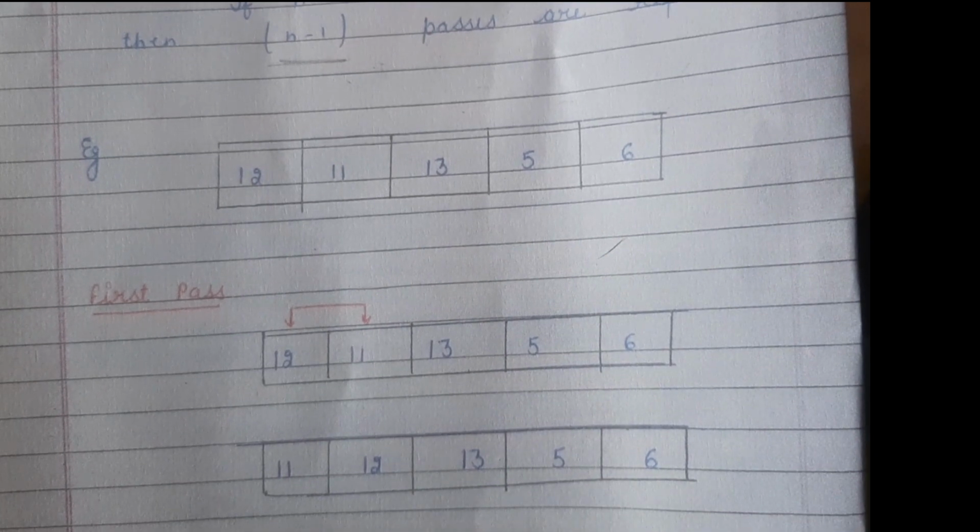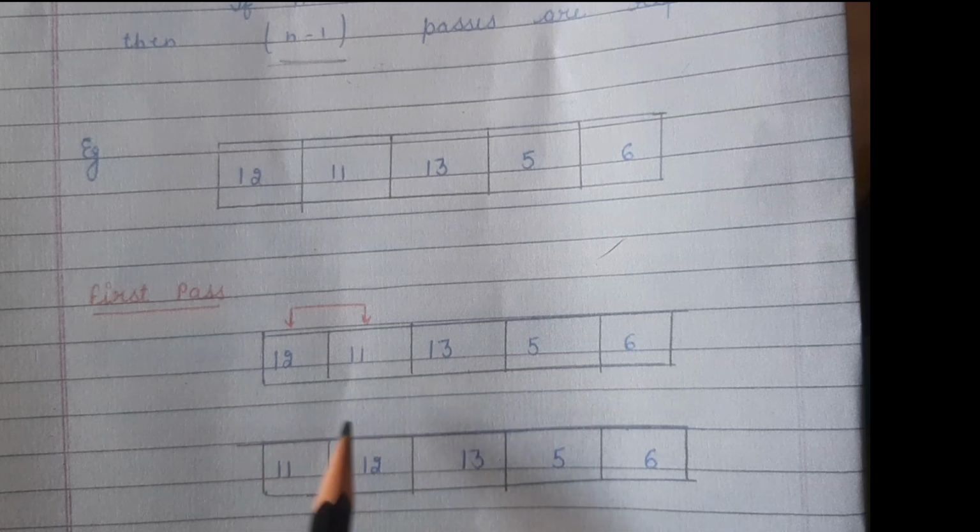So now we start our first pass. In the first pass, the first two elements are compared. So 12 and 11 are compared. The smallest element we place at the leftmost position.